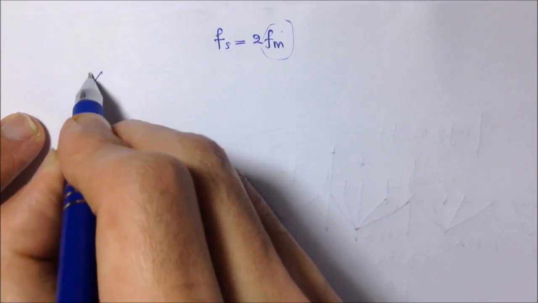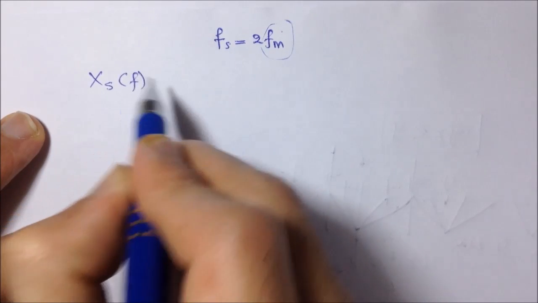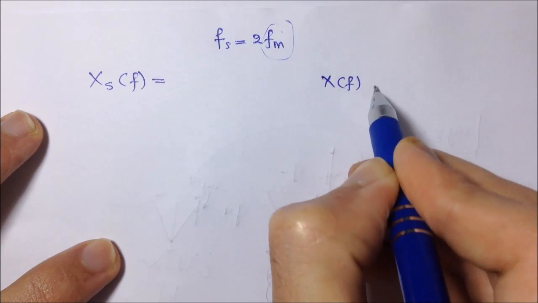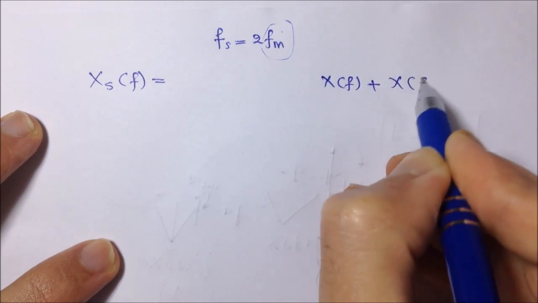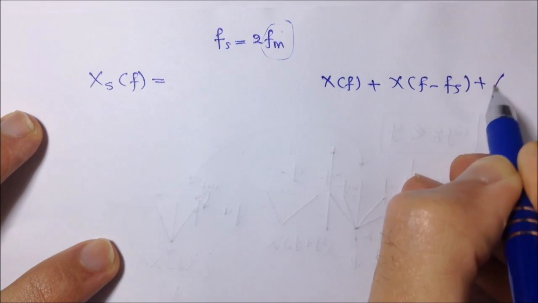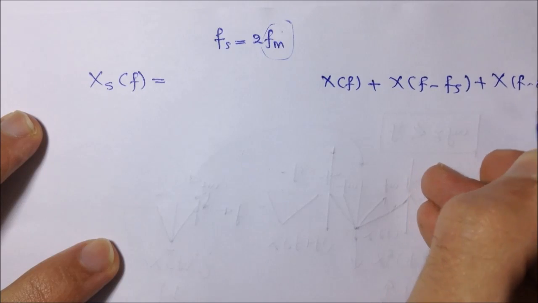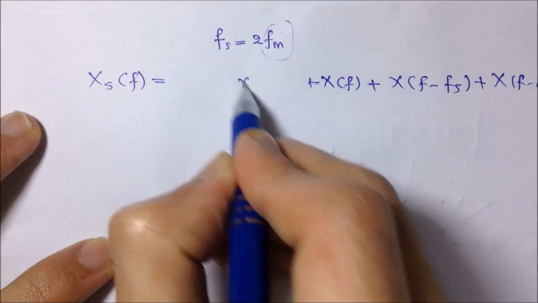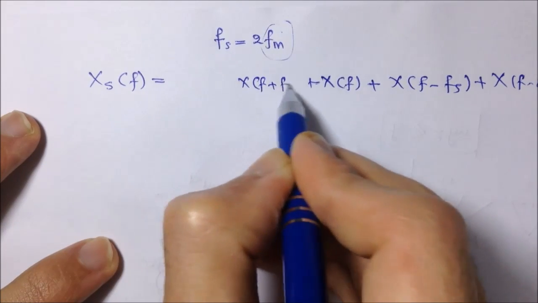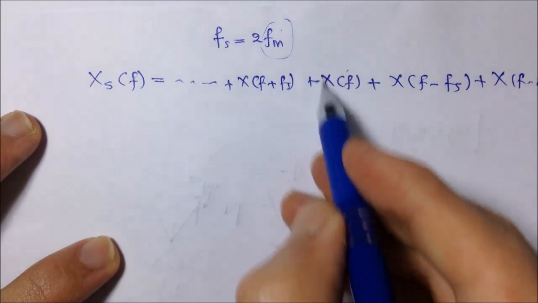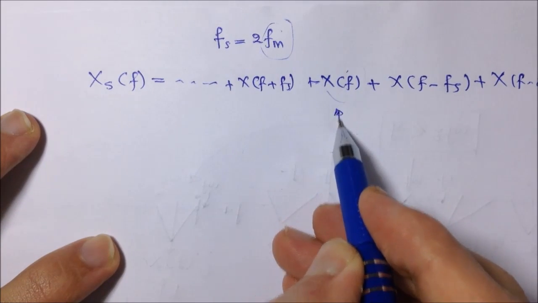So we have Xs of f, the spectrum of the sampled signal, equal to X of f plus X of f minus fs plus X of f minus 2fs, and so on. And here we have X of f plus fs, and then X of f plus 2fs, and so on. Let's look at the first replica.